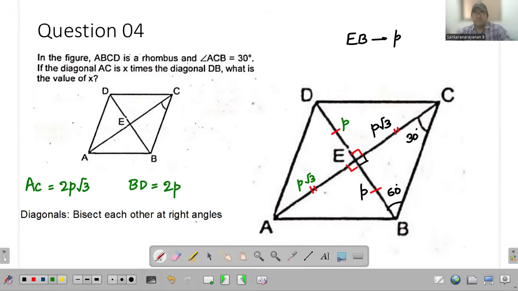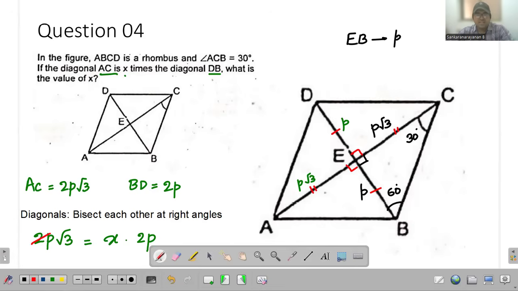Now look at the question. The diagonal AC, they say it is x times the diagonal DB. What do they say? They say that 2P root 3 is equal to x into diagonal DB, that is BD, that is equal to 2P. So they say that 2P root 3 is equal to x times 2P.